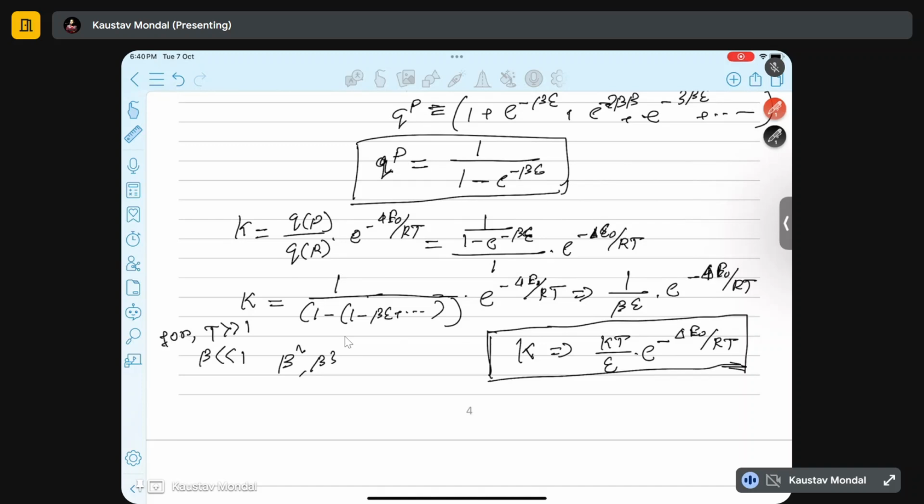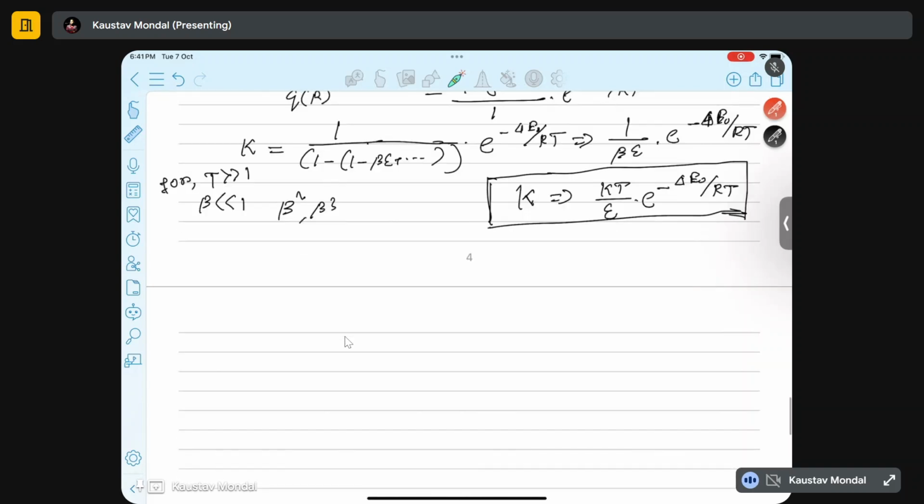Depending upon that, the sign of delta E0 is determined. So qualitatively, that property will be a major deciding factor in the calculation of this equilibrium constant K.